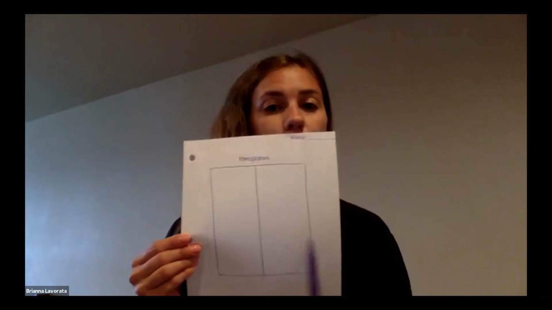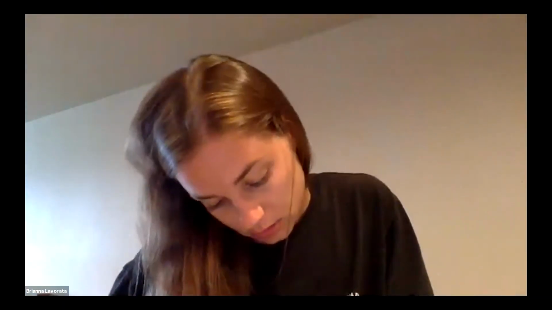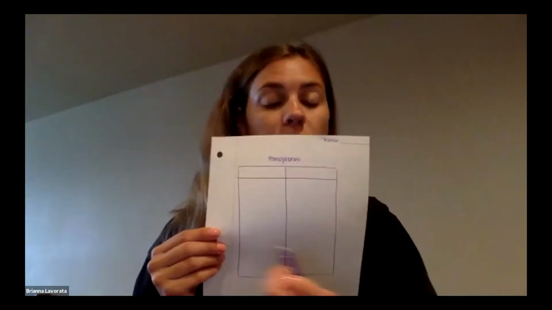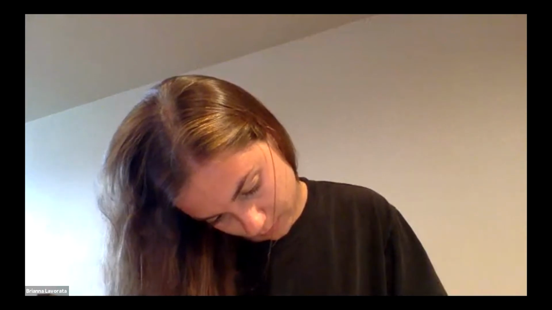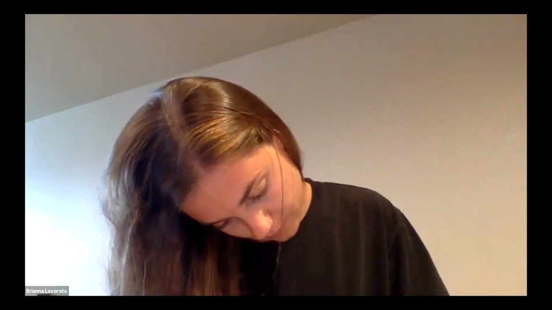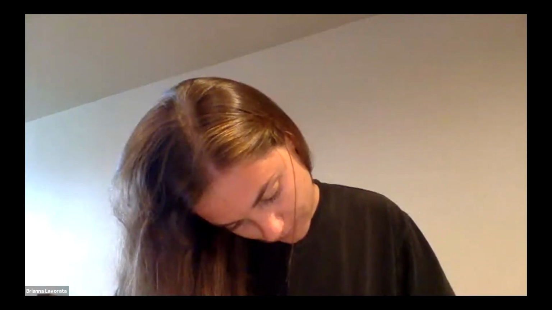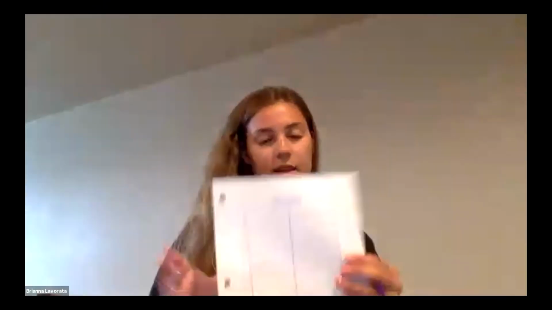Now we need 14 rows. So we're going to draw 13 lines, okay? So I'm going to separate mine just like this is fine. You're going to draw 13 lines going across, and that's going to make 14 rows. So 1, 2, 3, 4, 5, 6, okay, just like this.